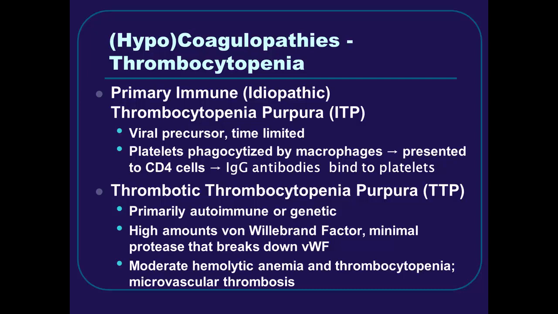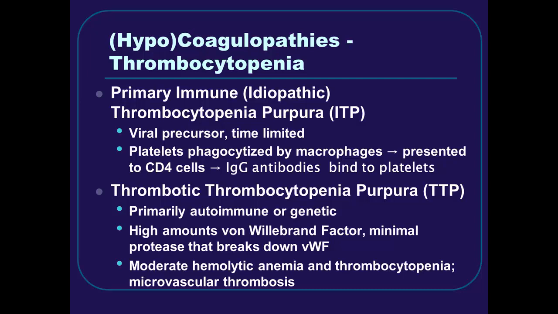However, even though they're not sticking to the vessel wall, they're sticking to each other, and while they're not forming the platelet plug that they're supposed to, they're clumping with each other, and that's why we call it a microvascular thrombosis or a thrombotic purpura. This is a consumptive coagulopathy.